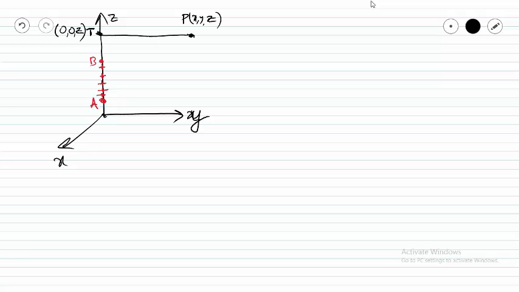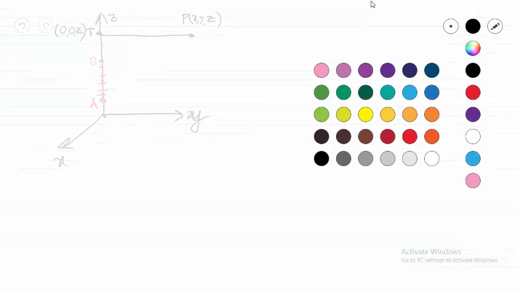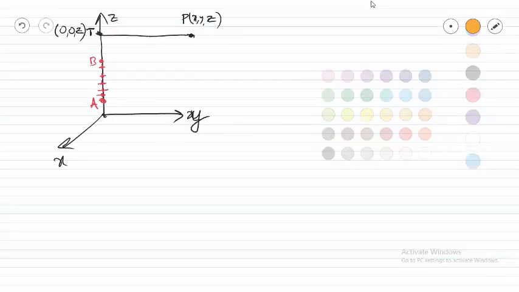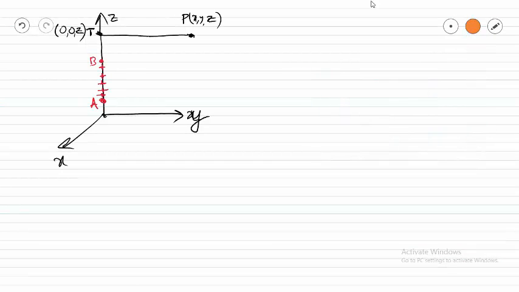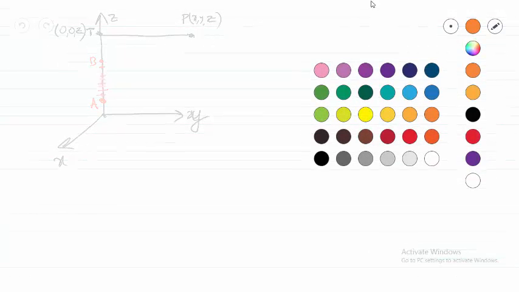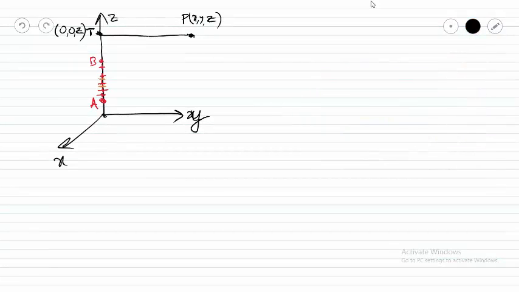Now consider a small elemental length on this finite line. Let us consider this as a small elemental length dl, which has its reference at 0 comma 0 comma z dash.